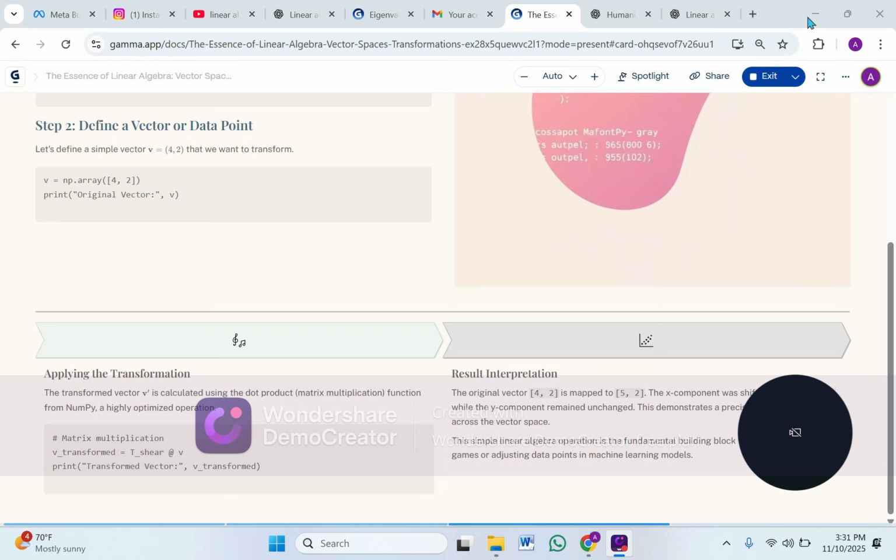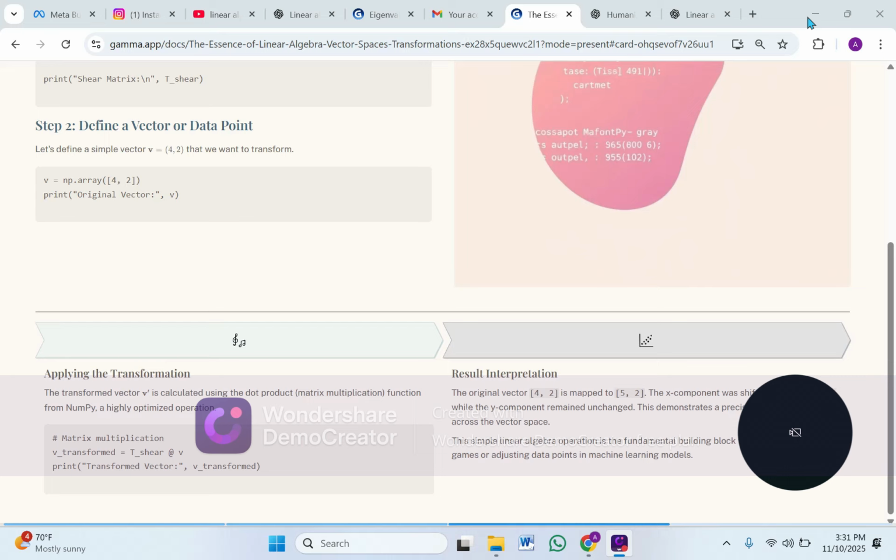In conclusion, vector space and linear transformation form the backbone of linear algebra. Vector space provides a structured way to study sets of elements that can be added and scaled, while linear transformation describes how these vectors can be systematically changed or mapped between spaces.